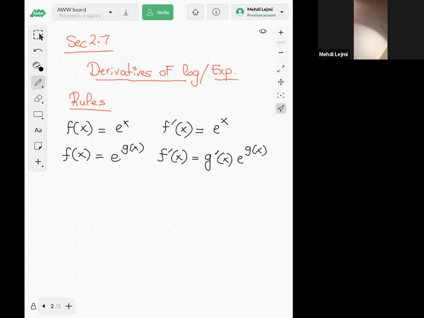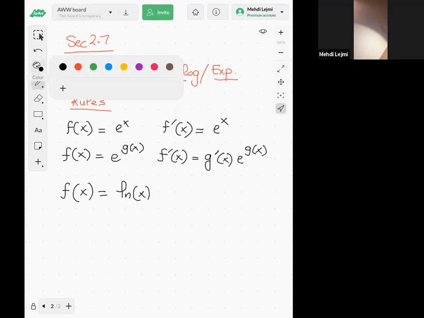So on Monday, we computed derivative of log. We said that if f of x is natural log of x, so ln, this is natural log, this is a log in base e, right?